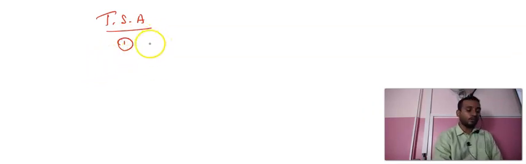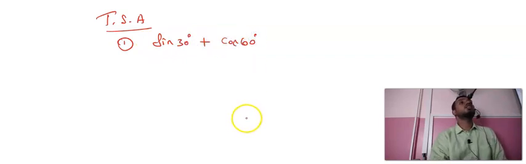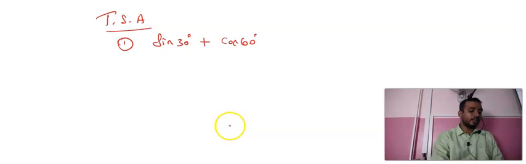Find the value of, for example, sin 30 degree plus cos 60 degree. You remember this question? On this topic you have the second exercise. Try to solve the problems based on this topic, trigonometric standard angles.